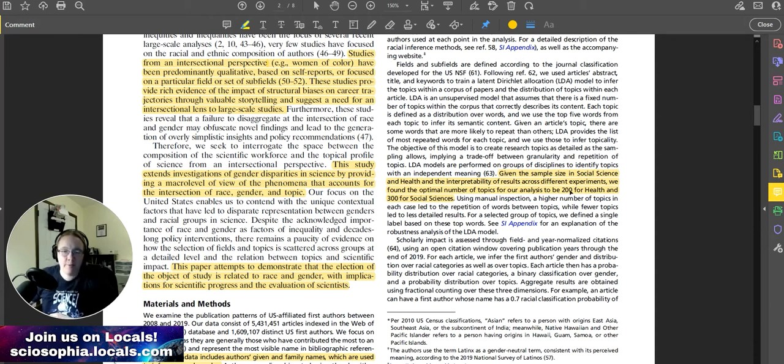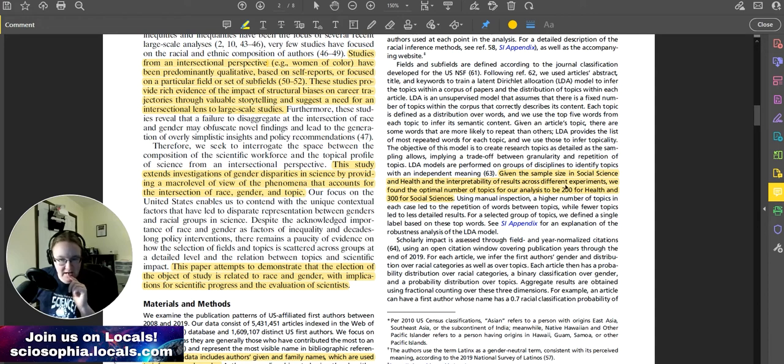Now, here's the thing I want to note. Do you notice something interesting? For all of their discussion before about STEM and all of science, do you notice what they focus on?